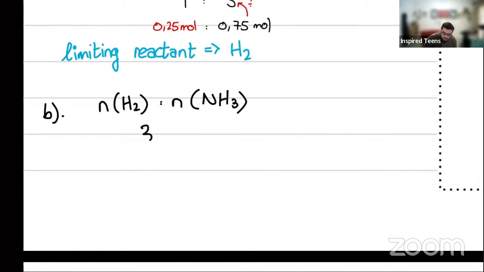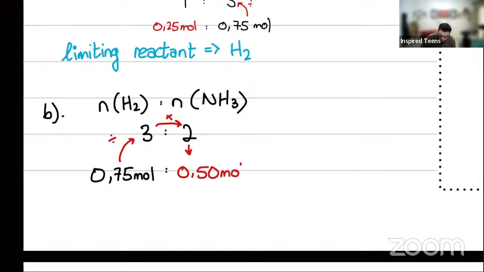It is a 3:2 relationship where we have 0.75 moles of hydrogen, which we want to convert to the molar ratio of 2 of ammonia. So we divide by 3 and multiply by 2. That's going to give us this amount. And here we get 0.5, or I'll put 0.50. Yeah, 0.50 moles of ammonia. Okay, so that's how we use that molar ratio.